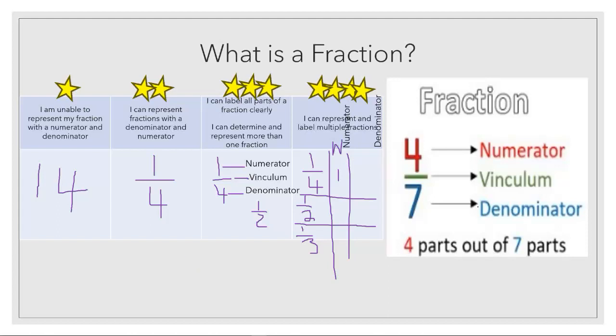Numerator, denominator, and that would be 4. Yeah. So that's a way of representing it. The other way is to draw a diagram like this. Yeah, like this one over here. Yeah. For each of your fractions. So there we go. That's what you would need to do in today's activity to ensure that you're getting those 4 stars. Enjoy the activities today. And keep in mind this first section of the rubric while you are doing it. Thanks, guys.